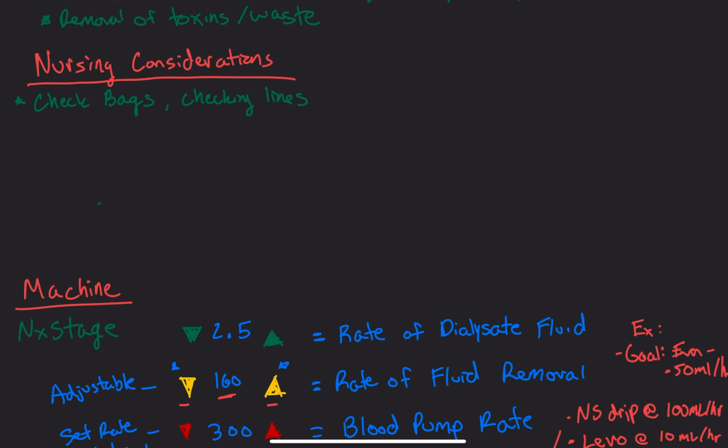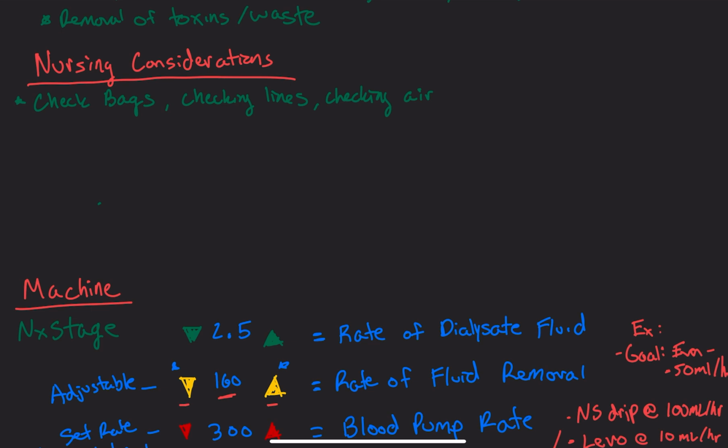Make sure they're not kinked, or pulling. You always want to have slack on those lines, so not pulling on the patient's HD catheter. You're checking for air, and the system will alarm you, but sometimes you can catch it beforehand. Check for air in the lines, maybe air in the fluid warmer bag. You can always remove that as well.